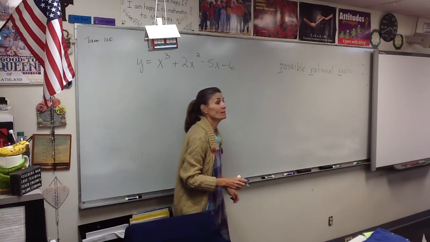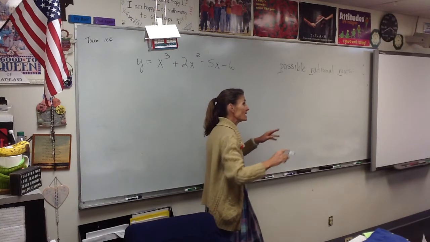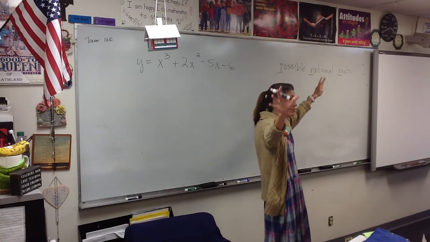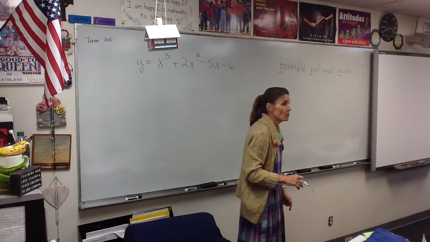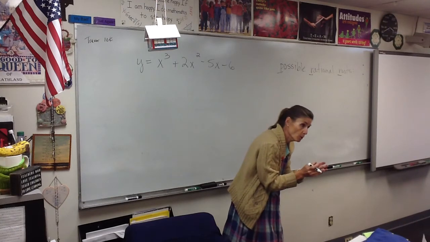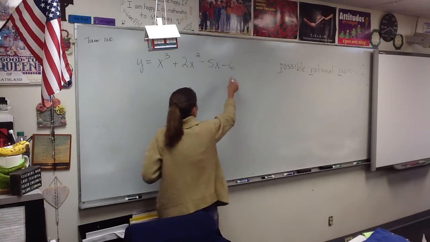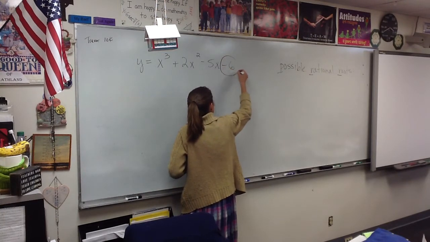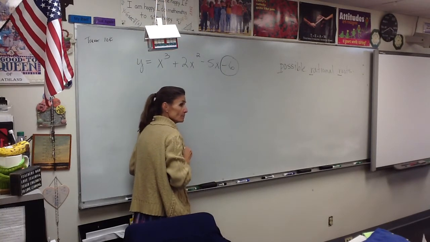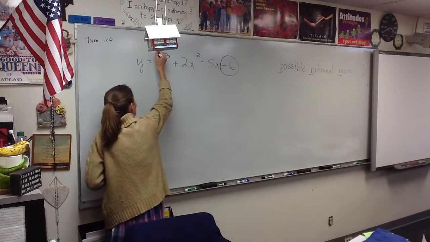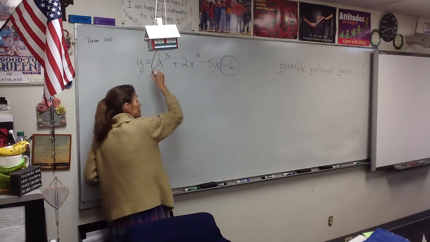They're the possibilities. So instead of guessing from every number in the whole wide world, we're going to guess just a little pool of numbers. And the pool is found by taking all the factors of this number and dividing them by all the factors of this number.